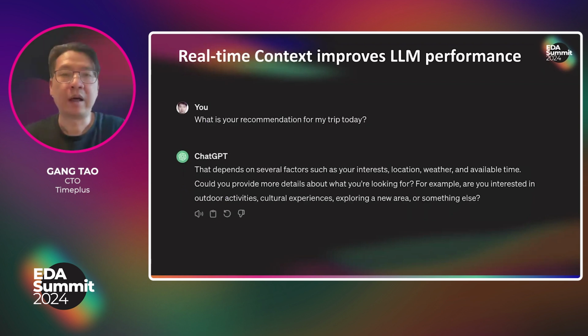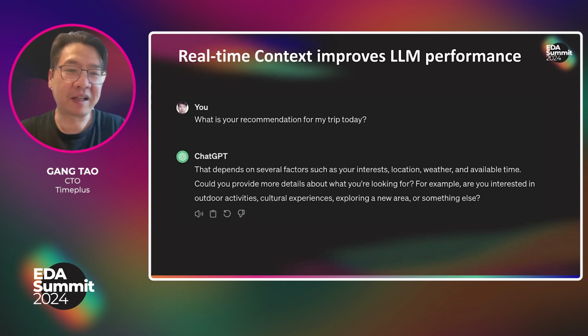Okay, as today's topic is about using LLMs, I'm going to talk about why real-time context is relevant here. For example, when you ask an LLM to do some task, in this case I asked it for a recommendation, which is a typical machine learning job, like real-time recommendations.